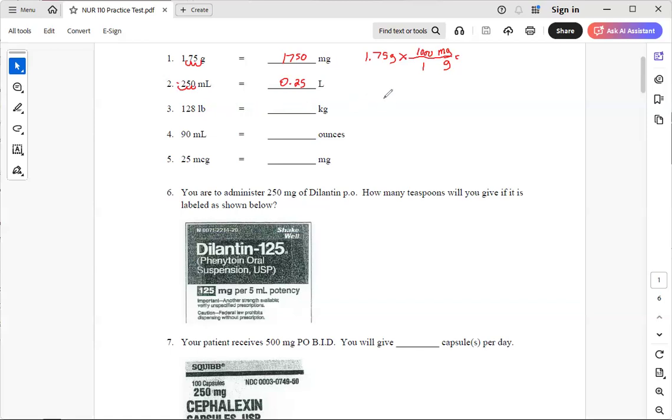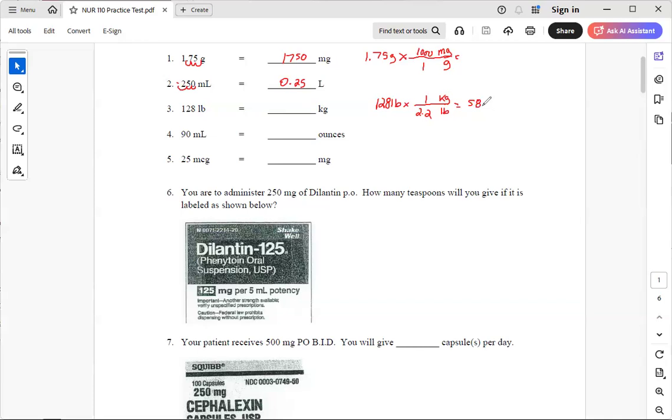Whenever I go from pounds to kilograms, I'm going to take 128 pounds. I'm just going to show you the dimensional analysis of this because I usually just shorthand and say divide by 2.2. But the reason you're doing that is because the conversion from pounds to kilograms is 1 kilogram is equal to 2.2 pounds. So 128 divided by 2.2, and we get 58.18.